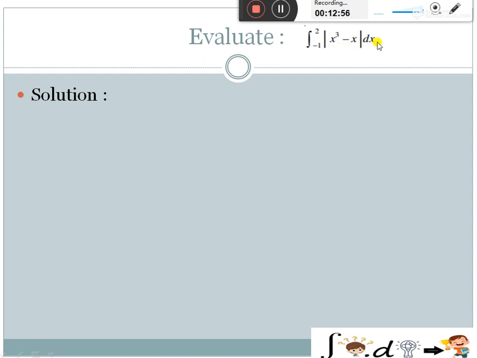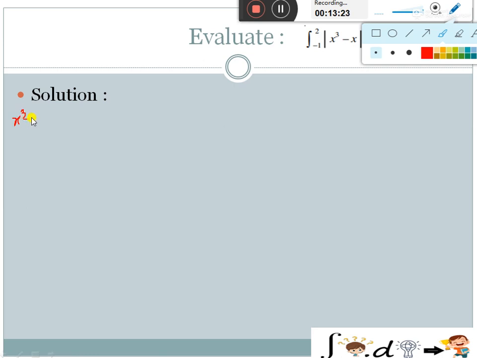x dx. As you see here, the modulus function we have to define into parts, that is the stepwise functions. And first of all, we have to find the zeros of the polynomial. The polynomial is x cube minus x. So what are the zeros of the polynomial?